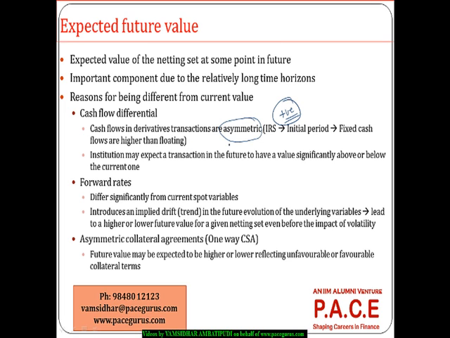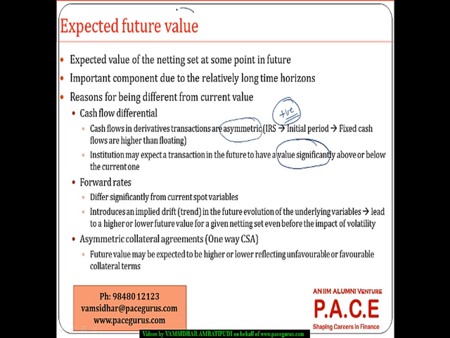Now this is where there is an expectation among the institutions that in the future the value is going to be significantly above or below the current one because of the difference in the cash flows, which means the exposure will differ quite heavily from that of the current.